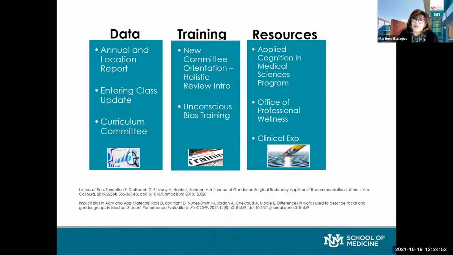We also provide our committee members with different resources that we have at the School of Medicine, so that during the course of selecting and considering applicants, we know what kind of resources we have to support our students. We have a program called Applied Cognition in Medical Sciences, and it really focuses on enhancing student abilities throughout medical school. This program is under the Office of Medical Student Affairs, and they work with students throughout the year.